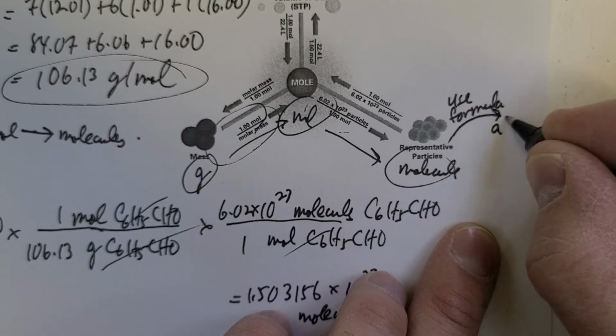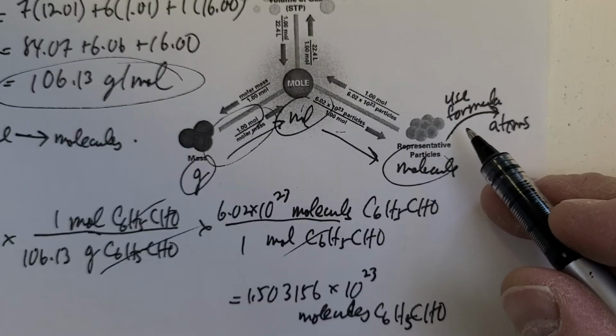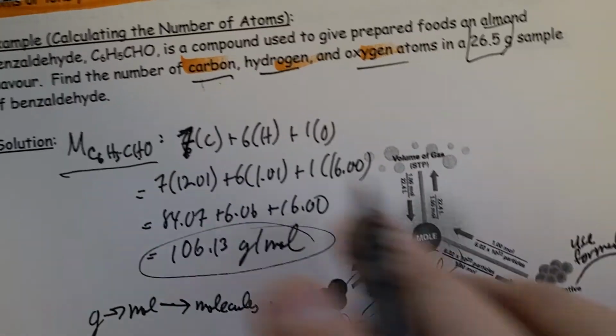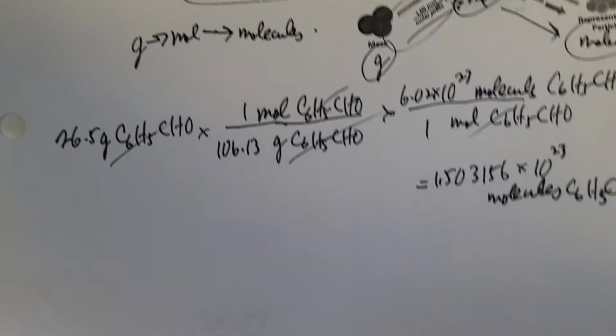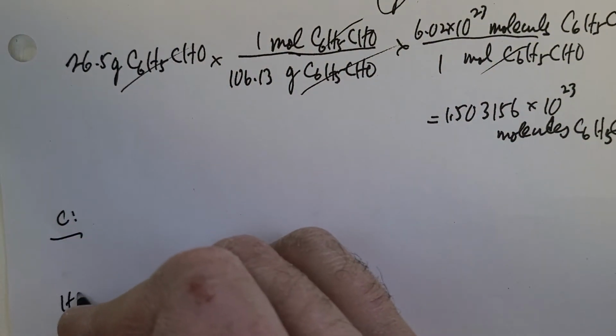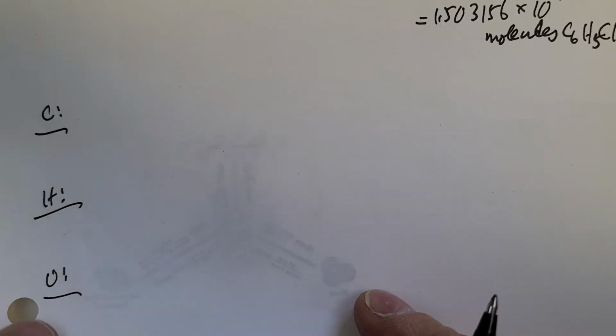You can write this on your blue sheet too: to find the atoms, use the formula. So carbon, hydrogen, oxygen.